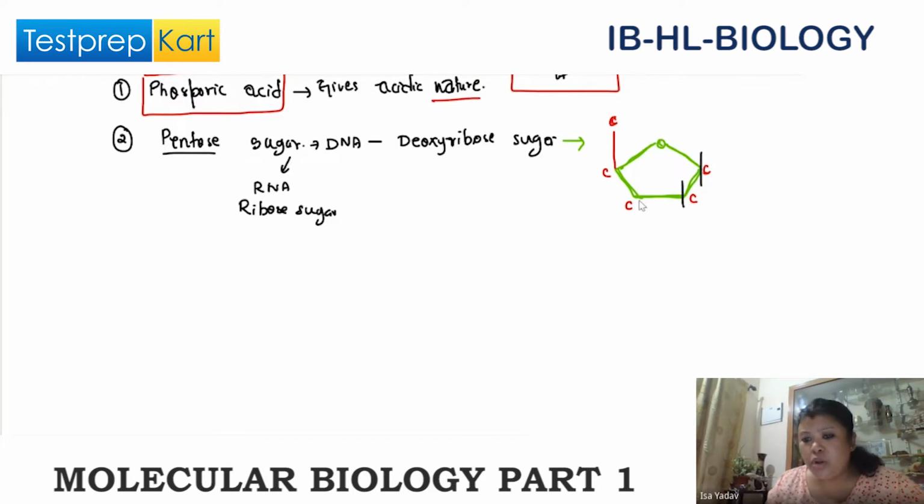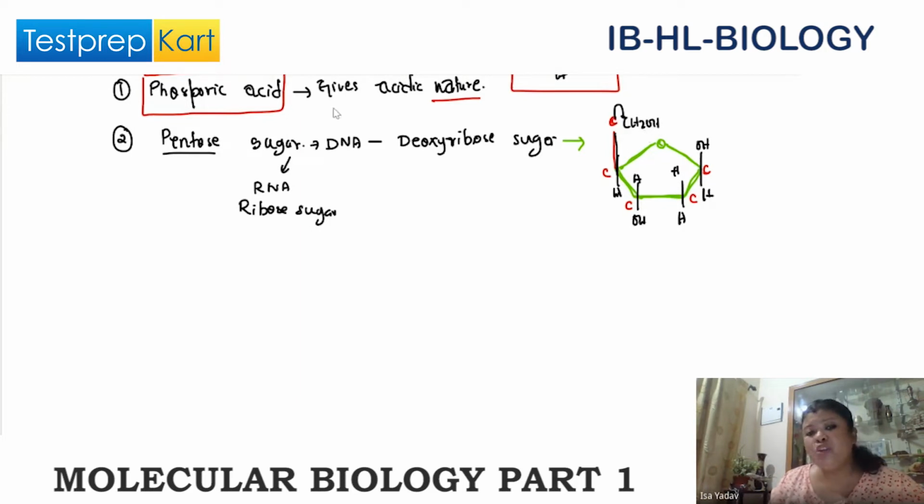We have a hydroxyl or OH group, H. This would be H and H, and then again an H and OH. Then H, and here we will have CH2OH.